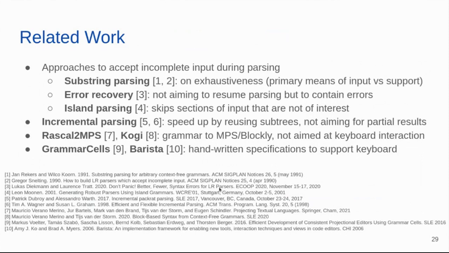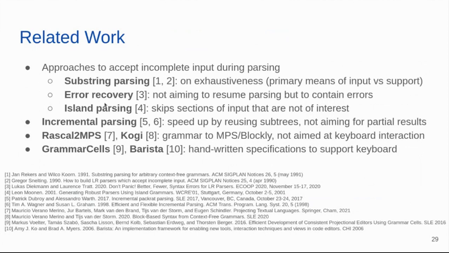The way we understood it, substring parsing approaches have as a goal to support the user rather than be the only and ultimate means to enter input, which is indeed what our partial parser aims to do. And it as such has higher requirements on correctness, because if it doesn't work, you literally can't enter this language construct, whereas substring parsing has textual editing and similar means as a fallback.